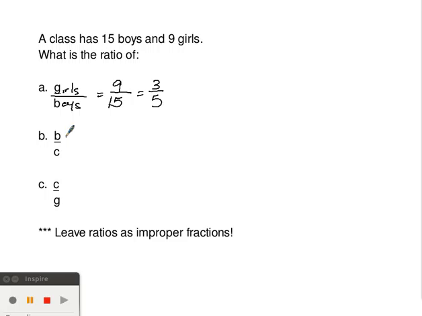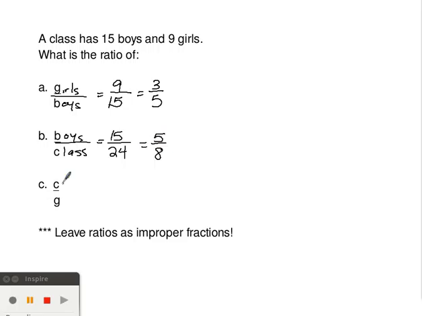so that would be 3/5. The second one is boys to the class. They don't even mention the class in the original problem except to say the class has 15 boys and 9 girls, so you're going to need to add the number of boys and girls and get 15 to 24, which reduces to 5 to 8.